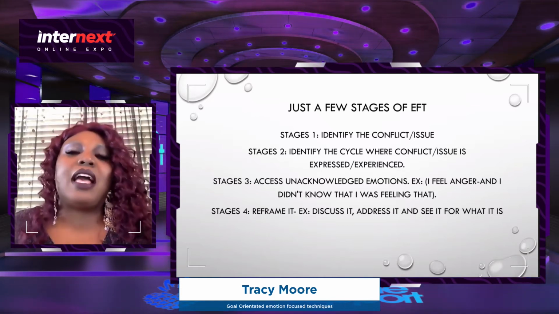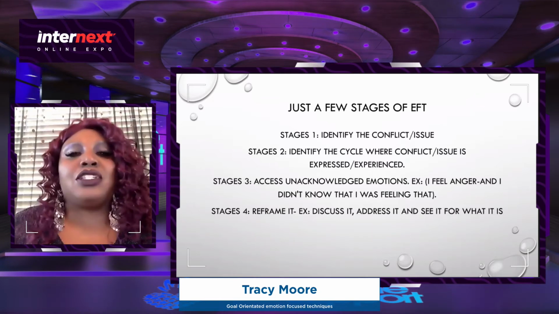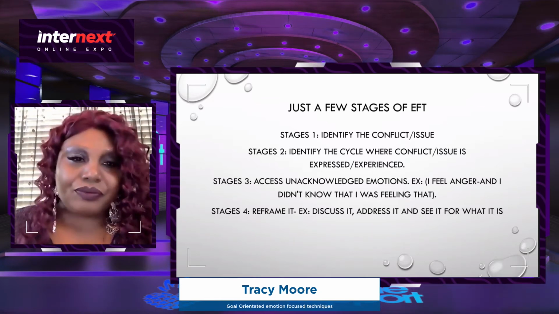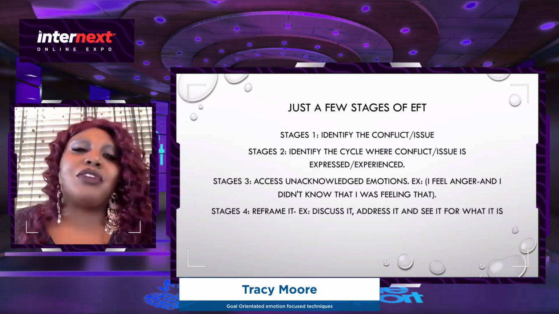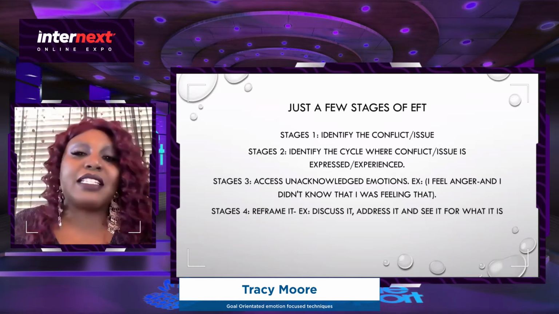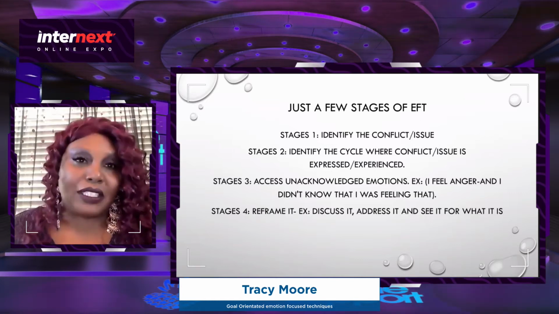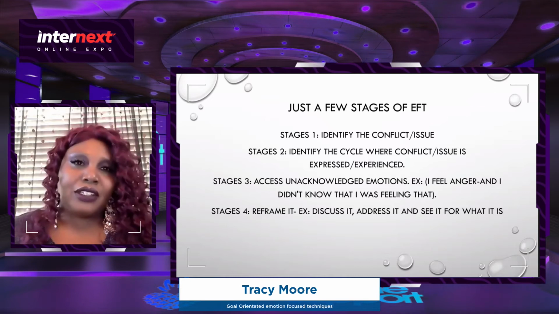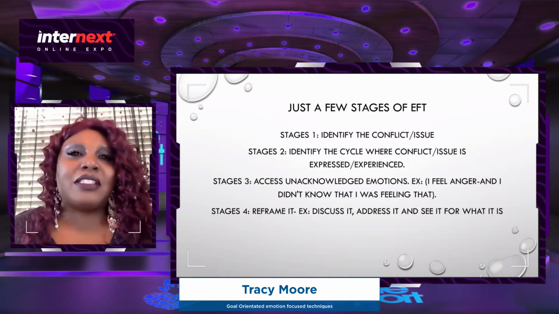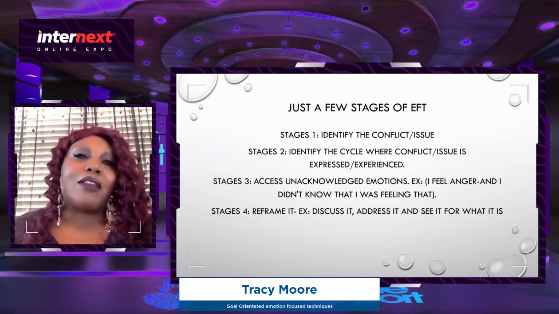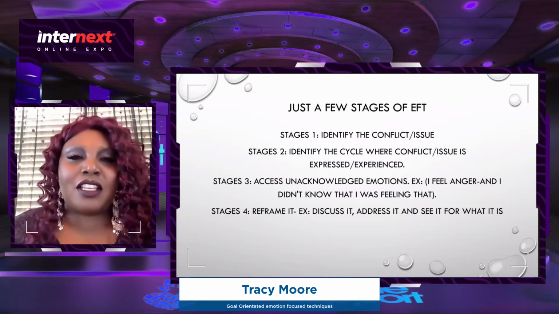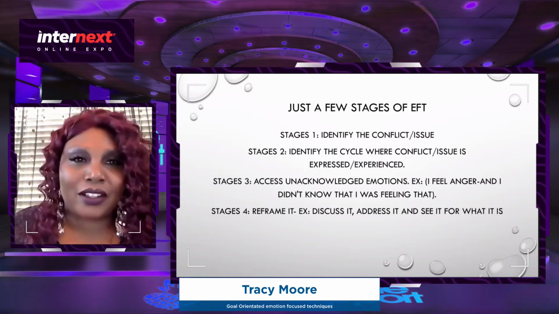So for example, I feel anger and I didn't know that I was feeling that. Stage 4, reframe it. Example, discuss it, address it, and see it for what it really is. So we're going to actually go through a scenario of all of these stages, and I think that some of you will be able to identify with that.